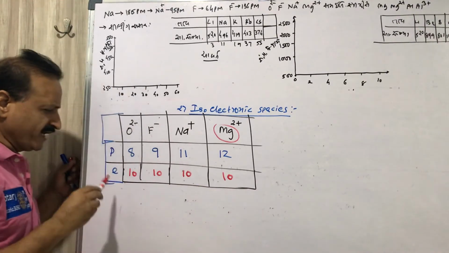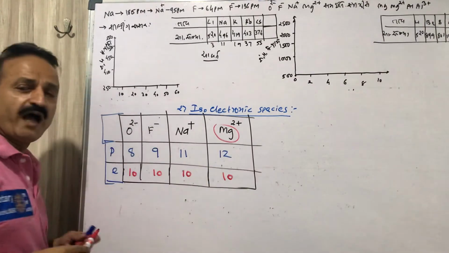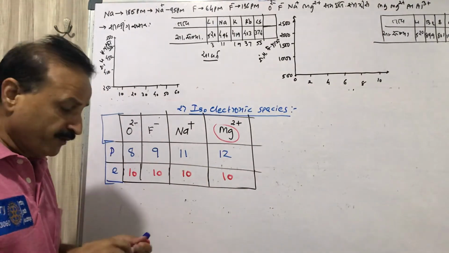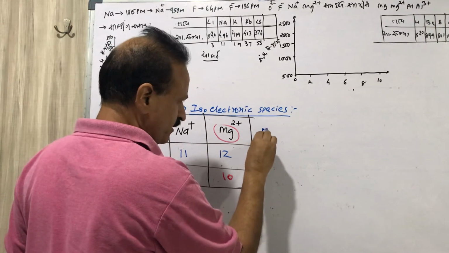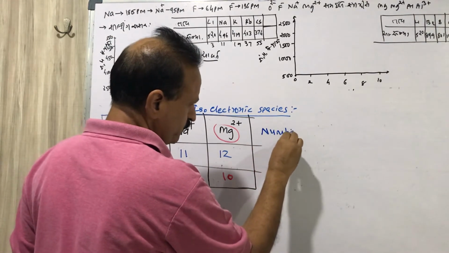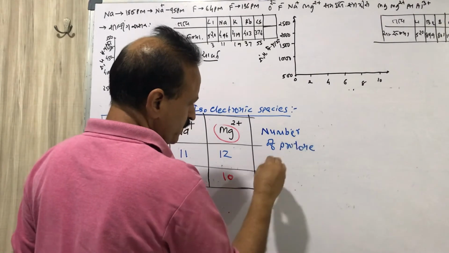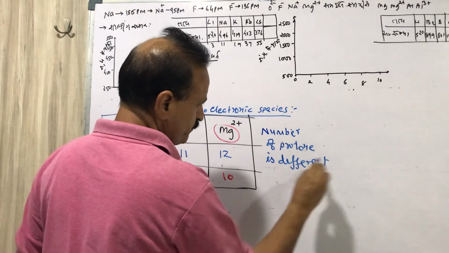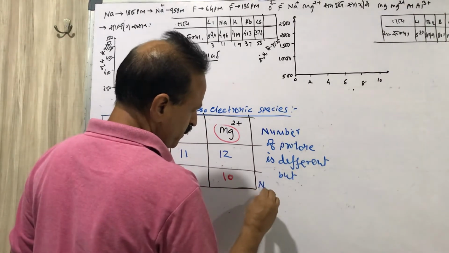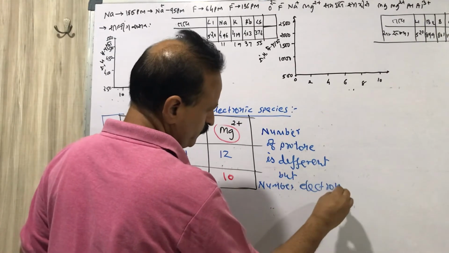So you can see that the number of electrons is the same in the above ions. It proves that the number of protons is different, but the number of electrons is the same.